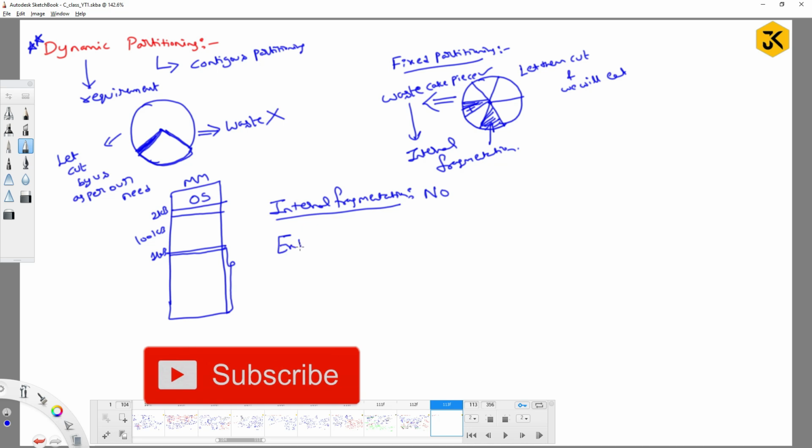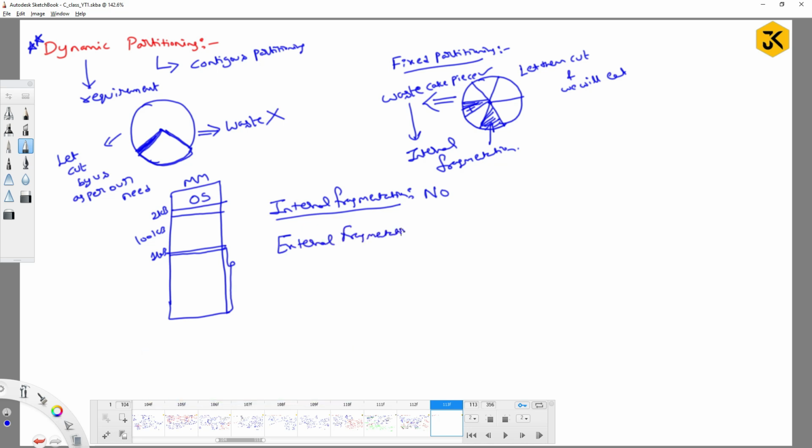What about external fragmentation? Yes, external fragmentation will be there. The reason is, say this is the user memory area, and I have allocated something like 2, 5, 7 and 100 KB. Now all are filled: P1, P2, P3, P4.